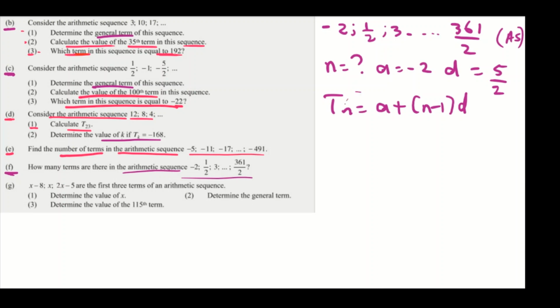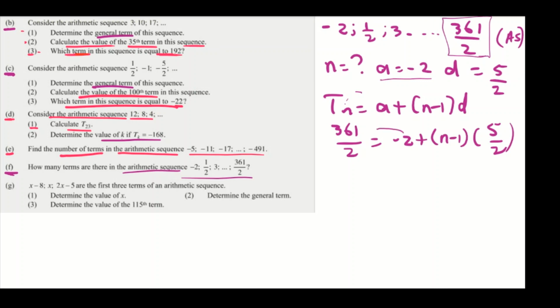Our Tn in this case, because we want to identify the number of terms of the entire sequence, is the last term, which is this one here, 3 6 1 over 2, equal to our a value, which is minus 2, plus (n minus 1) multiplied by our d, which is 5 over 2.